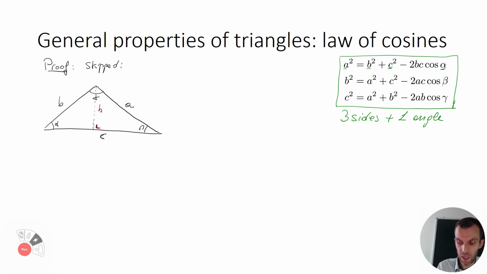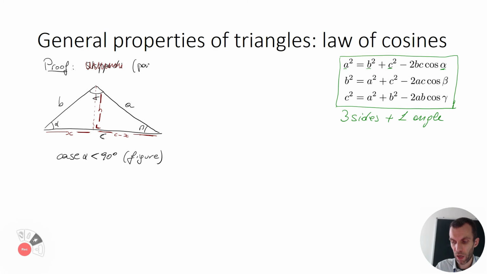Then we call this H, this side X, and this C minus X. And then we can use Pythagoras' theorem in those 2 triangles. Actually, let's do one case together, because it's quite an involved proof. So let's do the case alpha less than 90 degrees as shown on the figure.